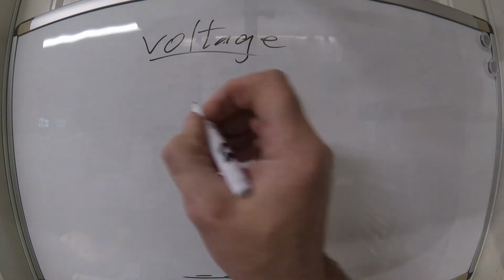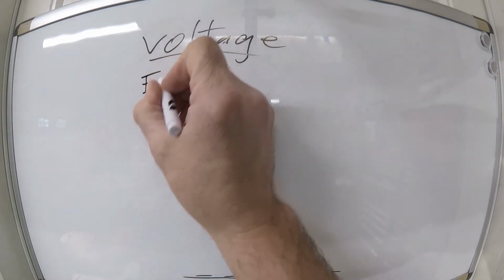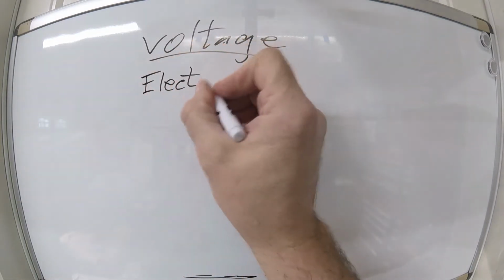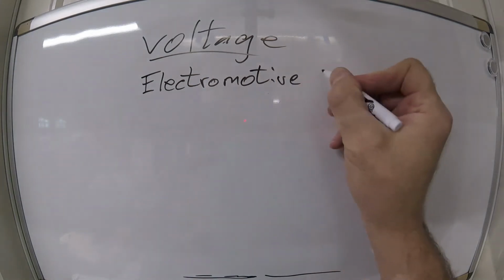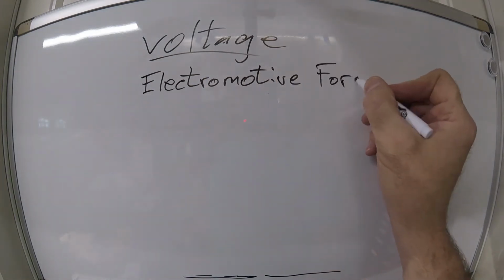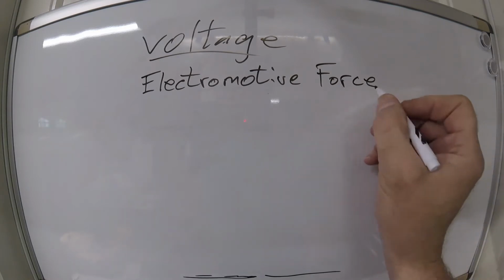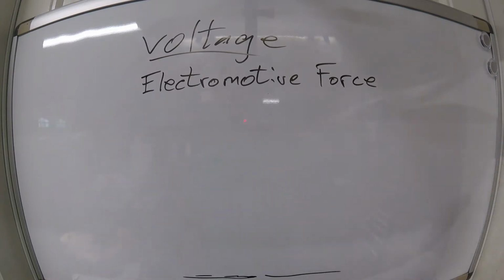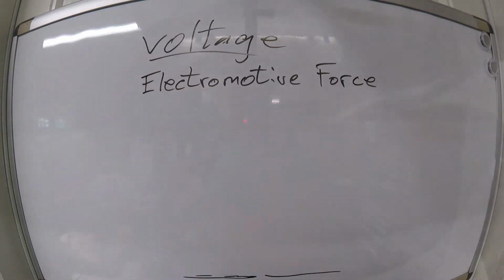So voltage, like I said, is defined as an electromotive force, and we'll talk more about that later, but basically it's force, just like force that you would put on a torque wrench or something like that, except this is force that is generated by electricity.